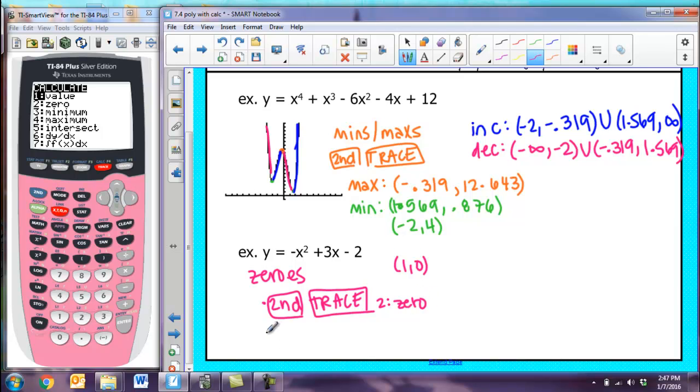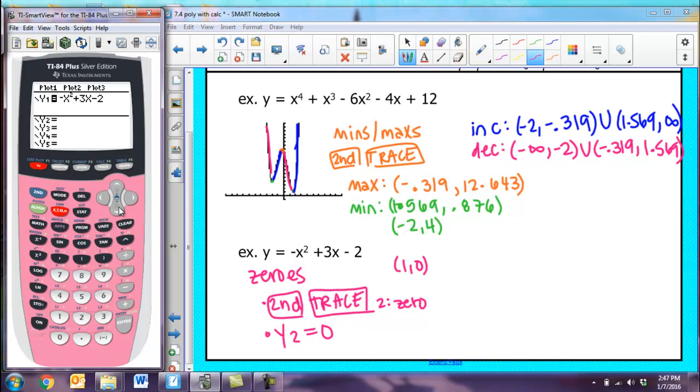The second option you have is if you go ahead and type in y2 and give y2 a number. And remember, we did this when we did trig functions when we were looking for specific values. If I type in y2 equals 0 and let that graph, I'm going to be looking for the intersection of my parabola and that line.